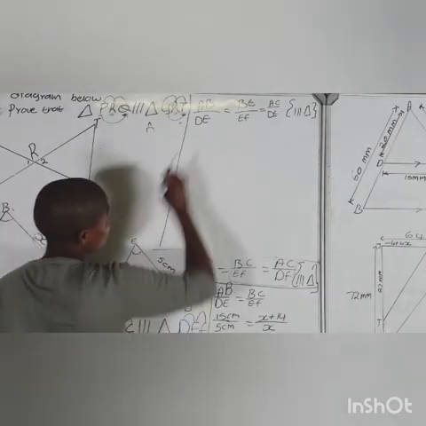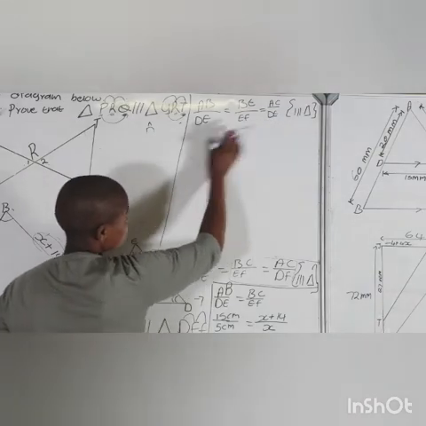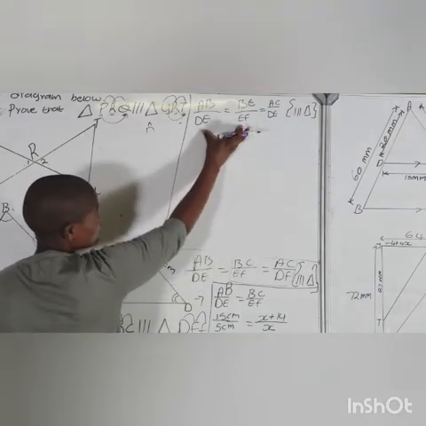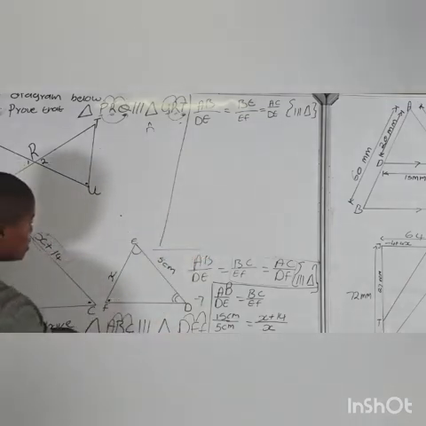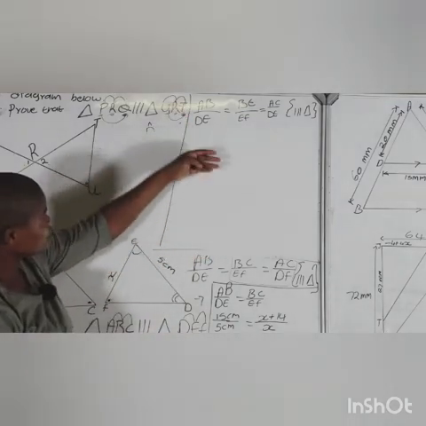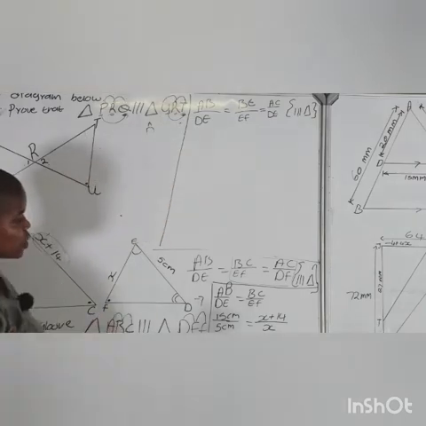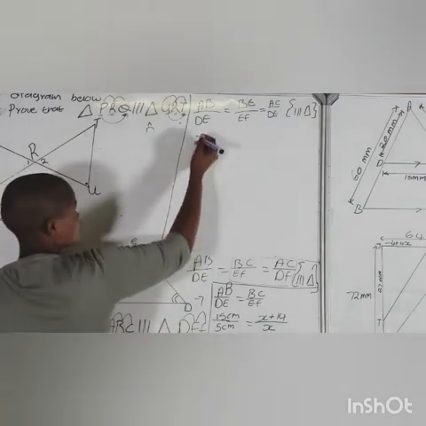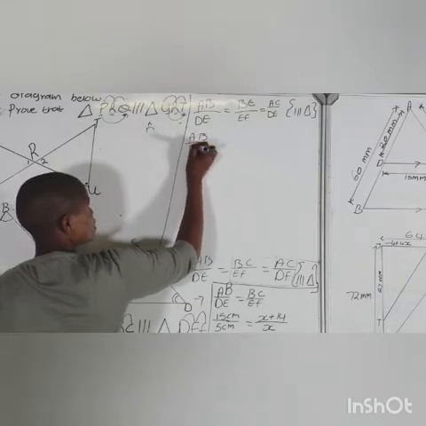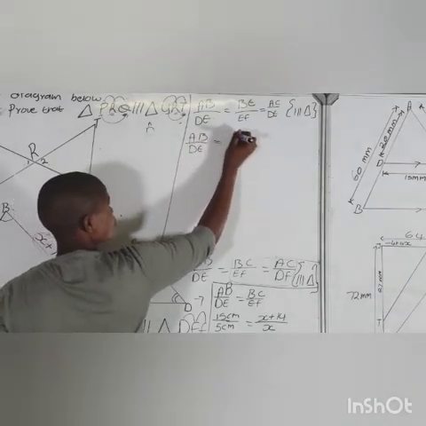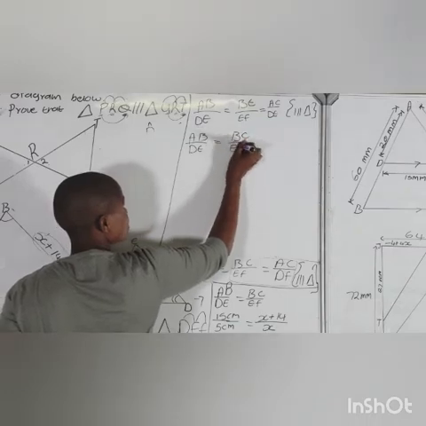Okay, now like I've mentioned, you don't have to work with the 3 proportional sides. You can just target to work with the 2, but be guided by the information that you're given. Like for example, I know the value of AB, I know the value of DE, so they are easy to work with. So I'm just going to say AB over DE is equals to BC over EF.